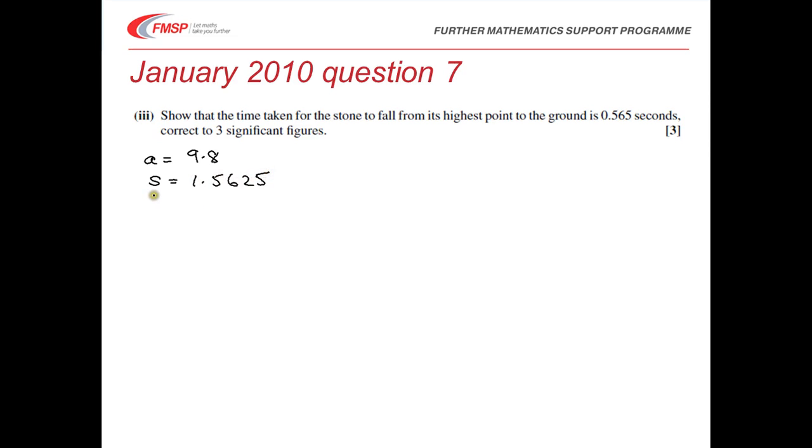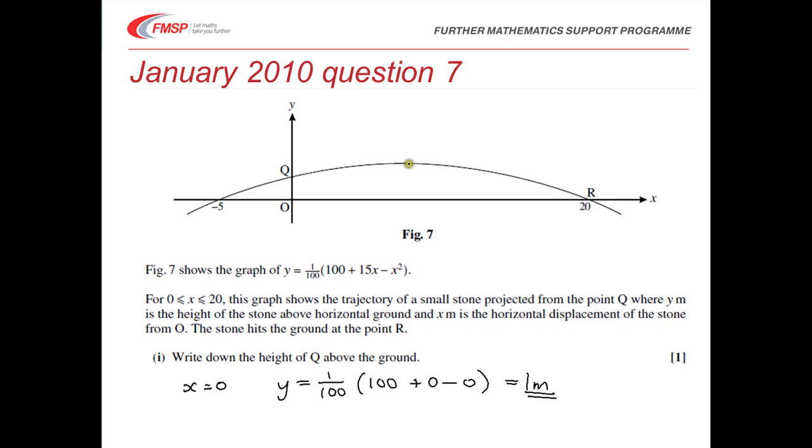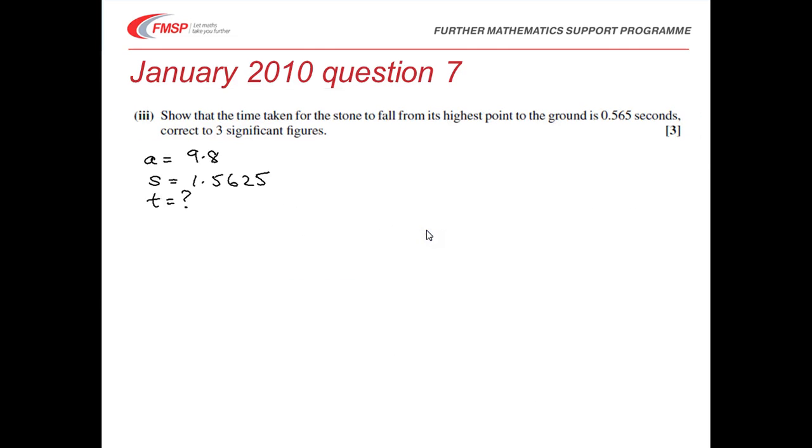We need to know the time it takes to fall to the ground, so that's the thing that we're after. And then the other thing that we know is that at this maximum point, vertically the speed will instantaneously be 0. And so because we're using that as our starting point for the downward motion, that means that u will be 0.